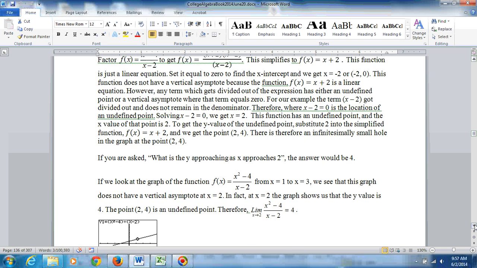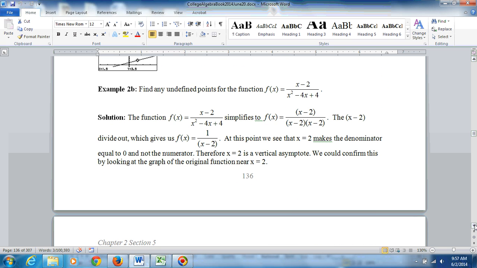So the next one, find any undefined points for this function, x minus 2 over x squared minus 4x plus 4. Well, let's go ahead and put the coefficients into Excel.